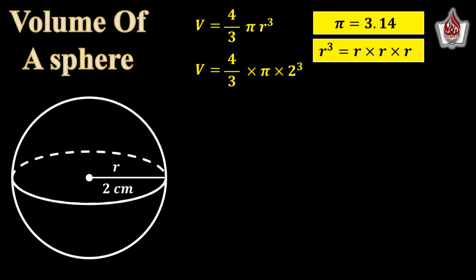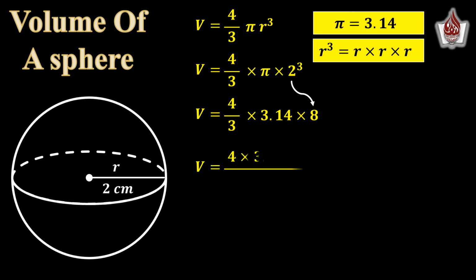Now by simplifying our formula, V equals 4/3 times, now we will put the value of pi, 3.14, times 2 cubed, which is 8. Or we can put it in this form, 4 times 3.14 times 8 all over 3.